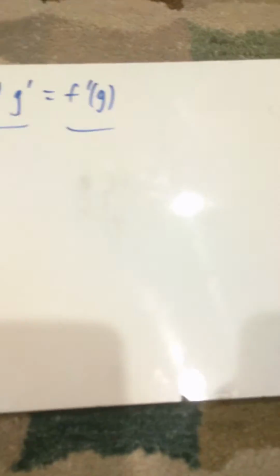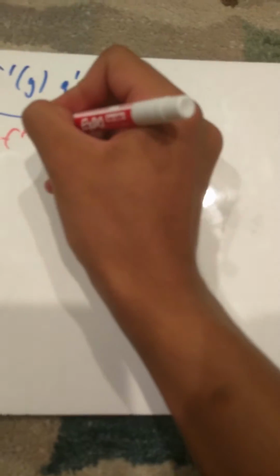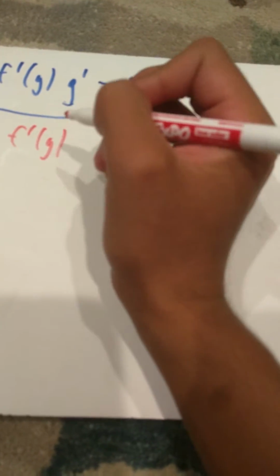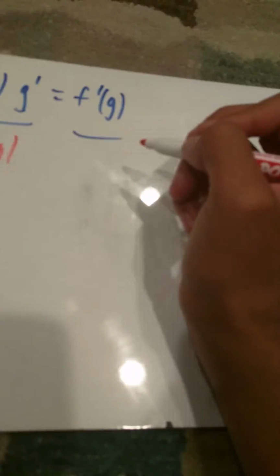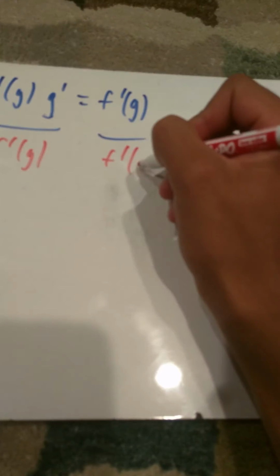It's pretty obvious, right? We do f prime of g, or here, we just divide both sides by f prime of g, and then we divide this side by f prime of g.